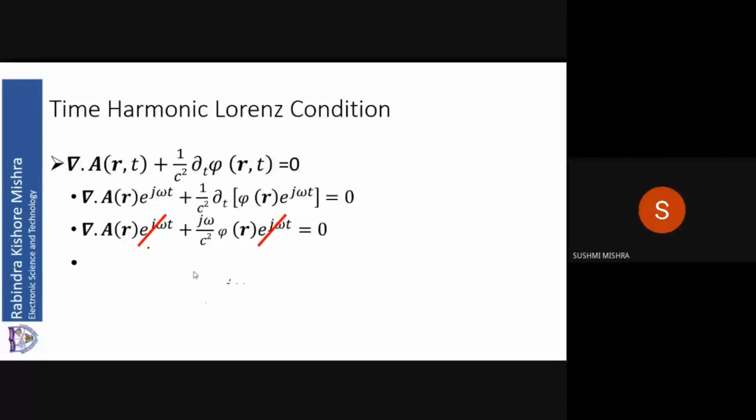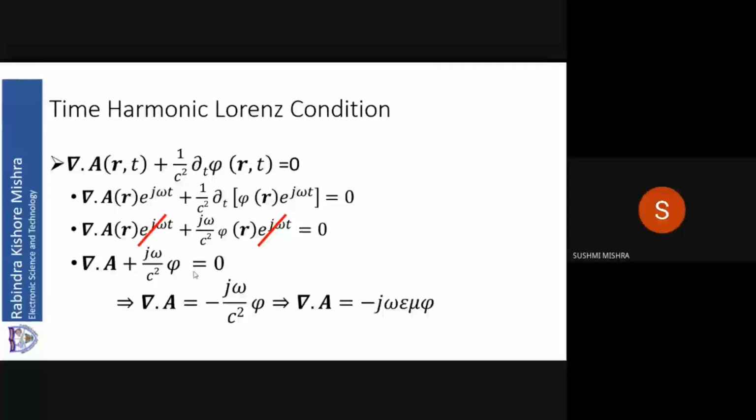Once we cancel that out, our Lorentz condition in the time harmonic form becomes divergence of A plus j omega upon c square phi is equal to 0, or we can say divergence of A is equal to minus j omega upon c square phi.